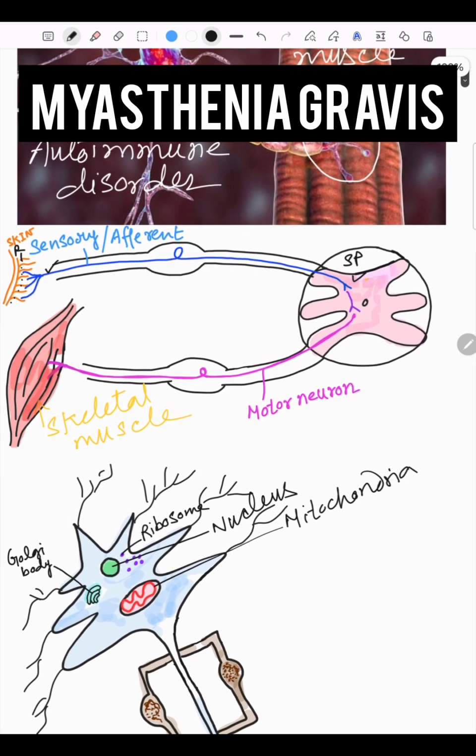The information from the skin is carried by a sensory afferent neuron to the spinal cord, and then the spinal cord sends orders to the effector organ via a motor neuron. The skeletal muscles contract or relax in response to the motor neuron signal, allowing the body to perform an involuntary movement such as pulling away from a painful stimulus or maintaining posture and protecting the body from harm.